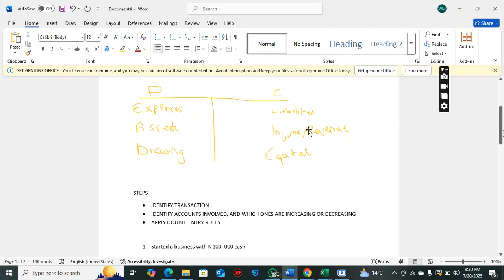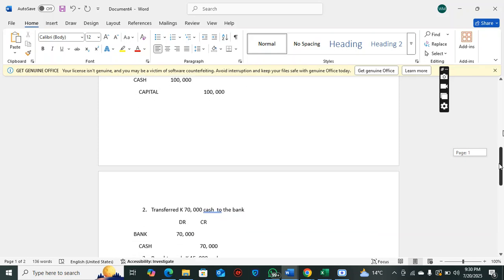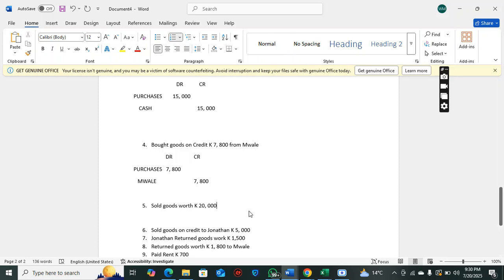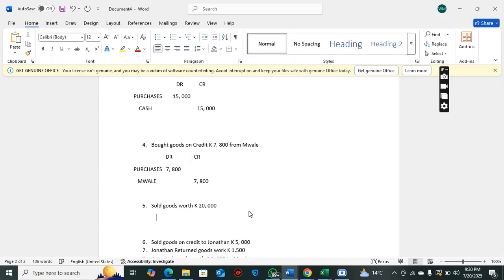Sales revenue is a revenue account, increase in revenue, you credit. So we're going to debit cash 20,000. Sale, then we credit sales revenue, 20,000. Colleagues, any questions before we go to the next transaction?